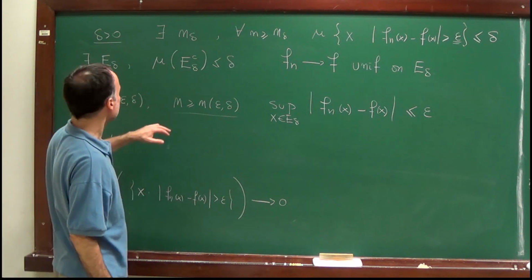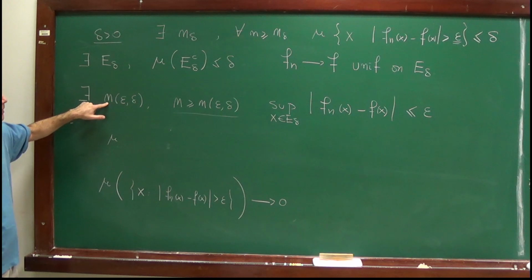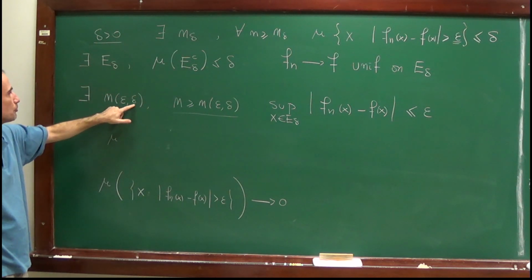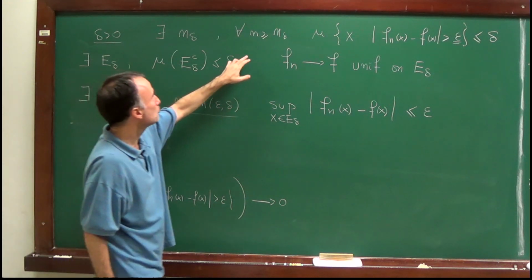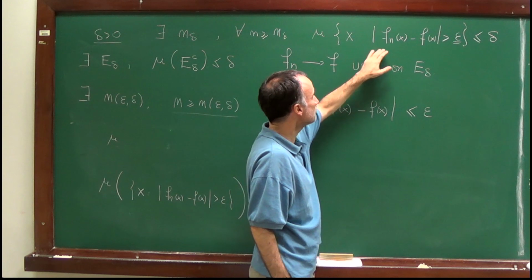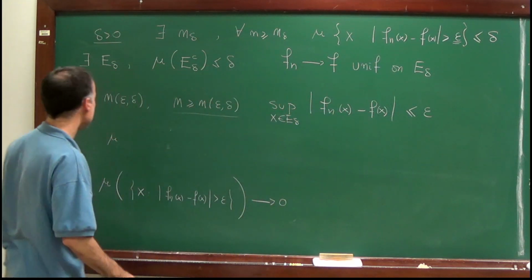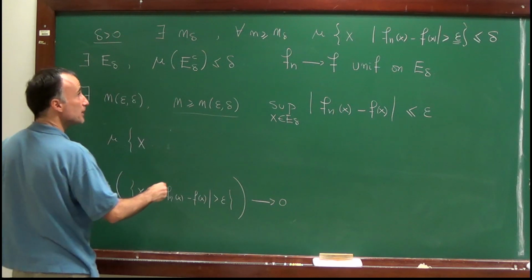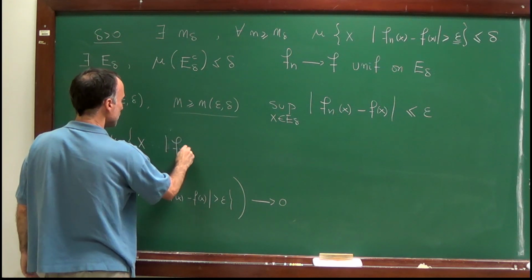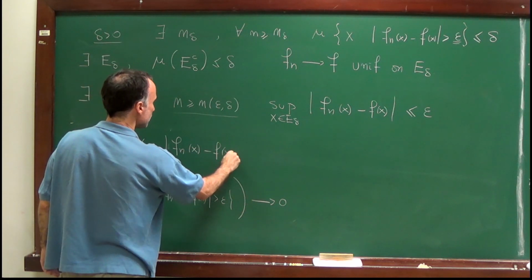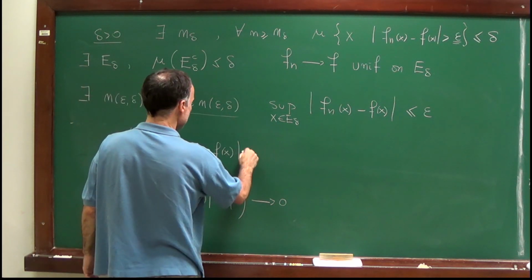So if you take any n larger than n epsilon delta, you can estimate. Now I obtain my n delta, and I have to prove that for any n larger than this number, this measure is bounded by delta. So let's estimate the measure of that set, the set where |fn(x) - f(x)| is larger than epsilon.